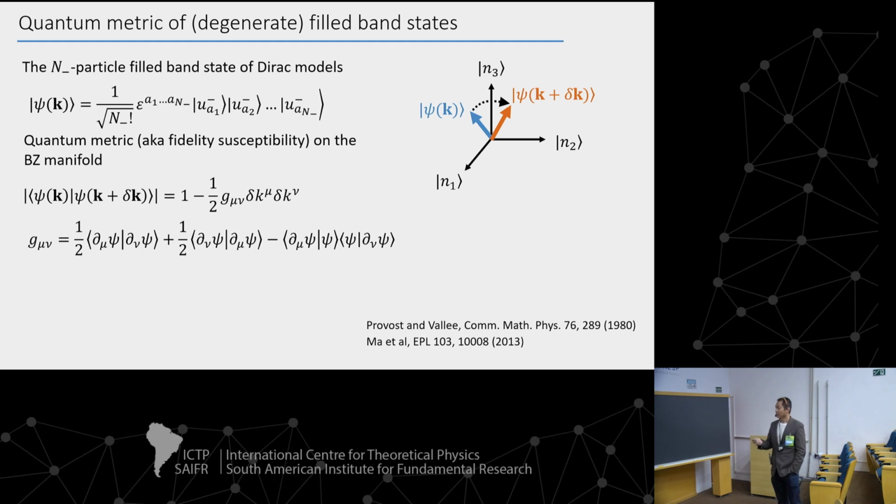And if you write it literally, it looks like this form. And from a very simple calculation, you can show that for Dirac models in any dimension and any symmetry class, this quantum metric takes this Fubini-Study form that you use in general relativity. So this dot product that generates your quantum metric is called Fubini-Study. So okay, now you have this.